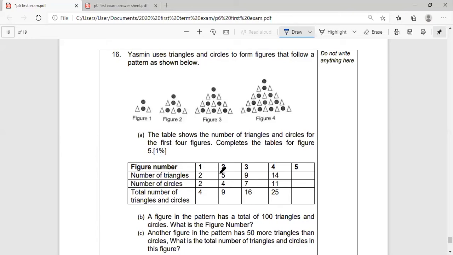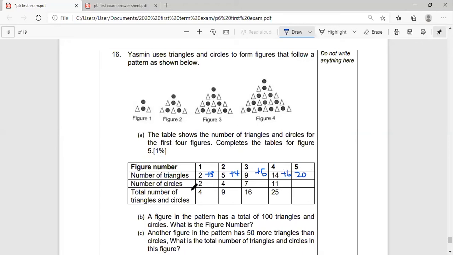Let's say 2 to 5, 5 to 9, 9 to 14. 2 to 5, we add 3. 5 to 9, it will be plus 4, because 9 minus 5 is 4. 14 minus 9 is 5. So the pattern is plus 3, plus 4, plus 5. The next one should be plus 6.